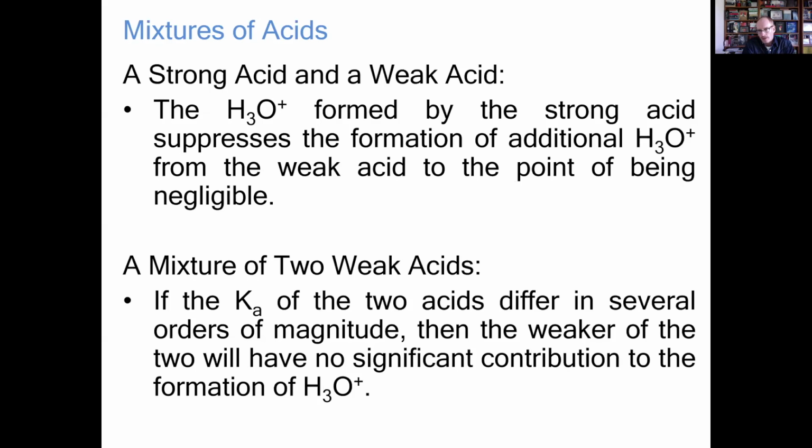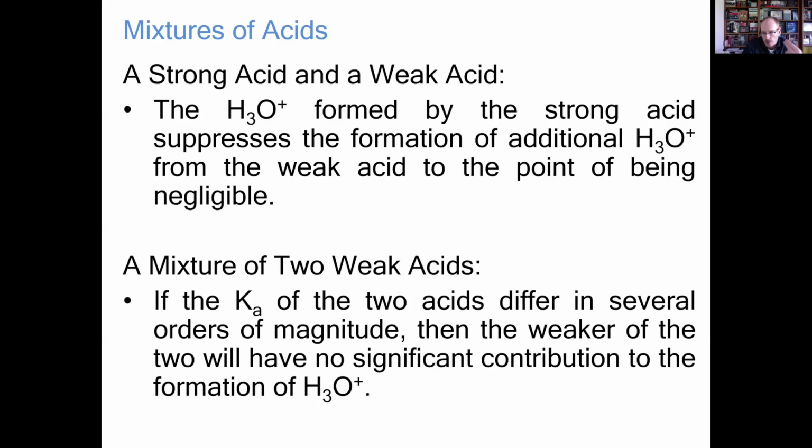So in cases such as these, where again concentrations are comparable, we go with the stronger acid as generating the most. In the case of a strong acid, one that completely ionizes, versus a weak acid that doesn't completely ionize, we can simply focus on the ionization of the strong acid alone to calculate the hydronium concentration.